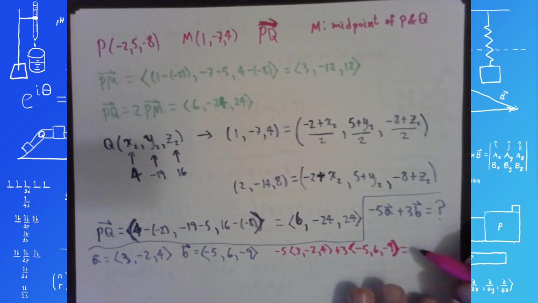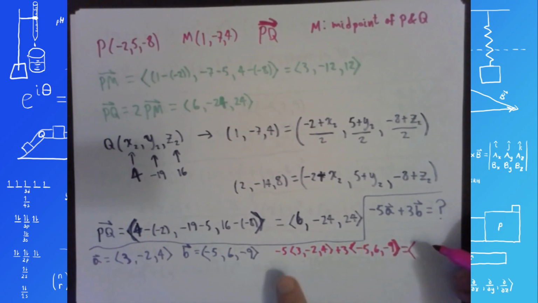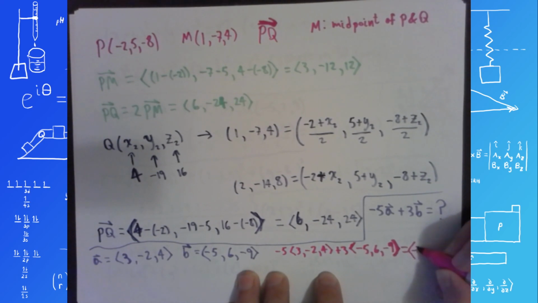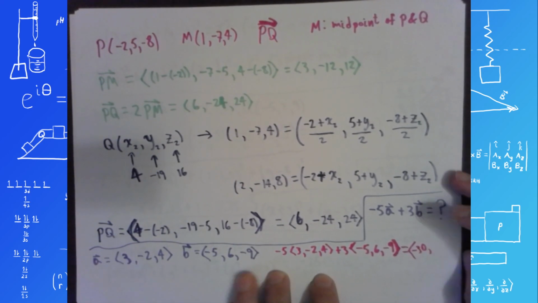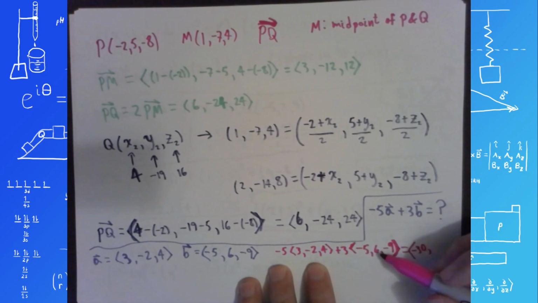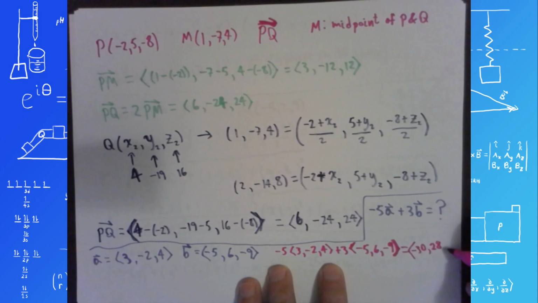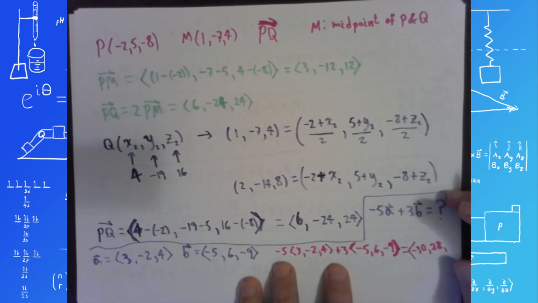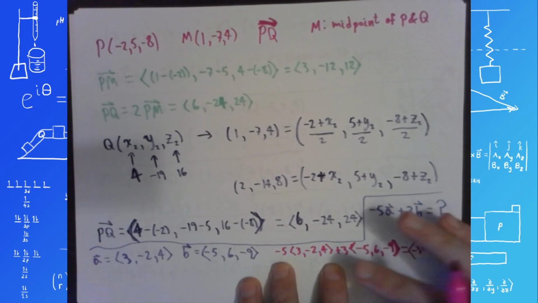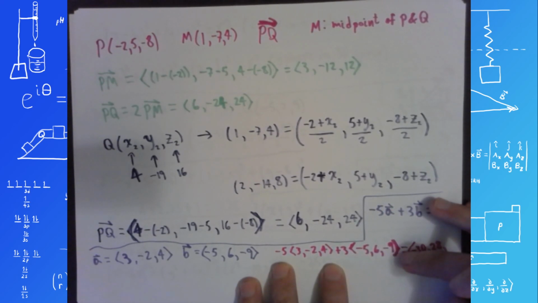Equals, let's see, negative 15 plus negative 15, that's negative 30, comma, negative 5 times negative 2 is 10, plus 3 times 6, 18, with the 10, that's 28, and then negative 5 times 4 is negative 20, and plus 3 times negative 9 is negative 27.